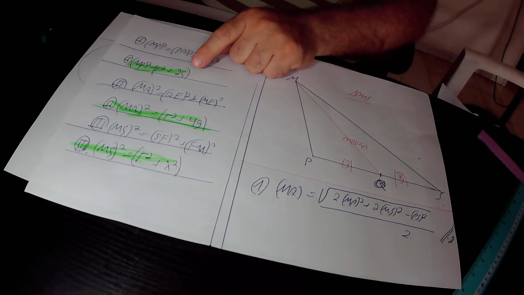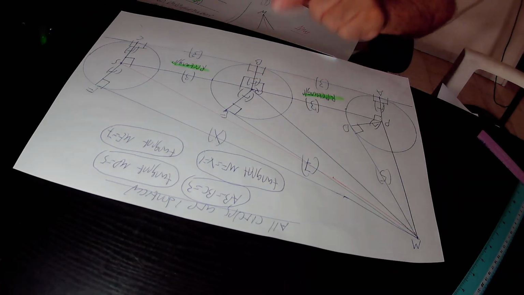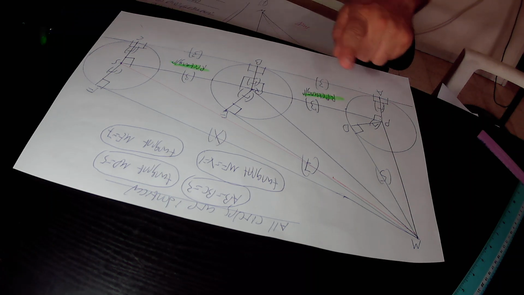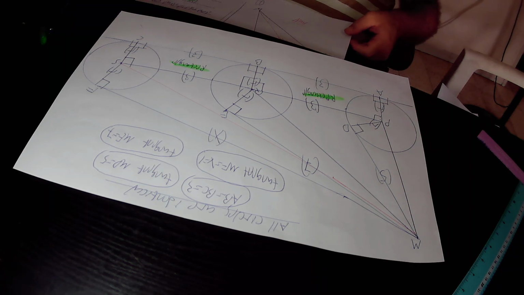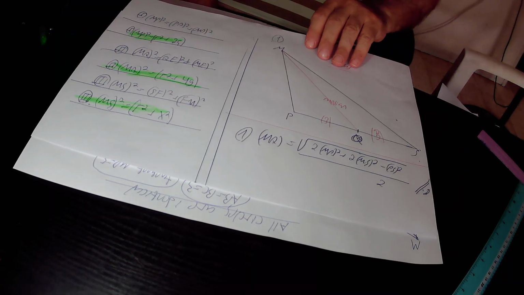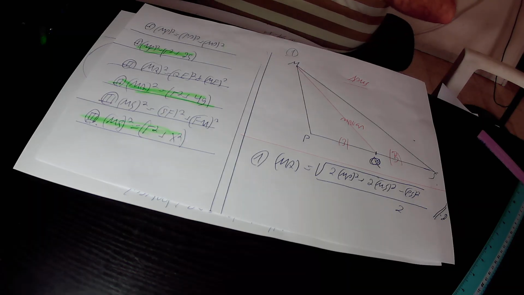MQ is the missing side. QE is R, therefore QE squared is R squared, plus EM squared. EM is 7, therefore EM squared is 49. So in total, according to equation 2, MQ squared equals R squared plus 49.